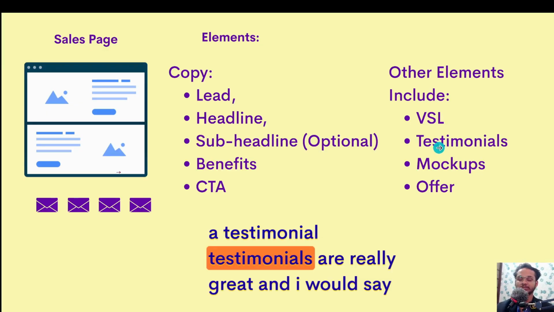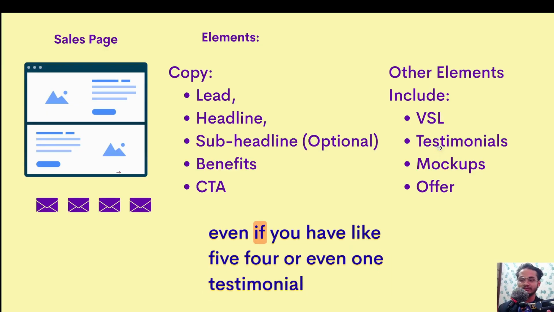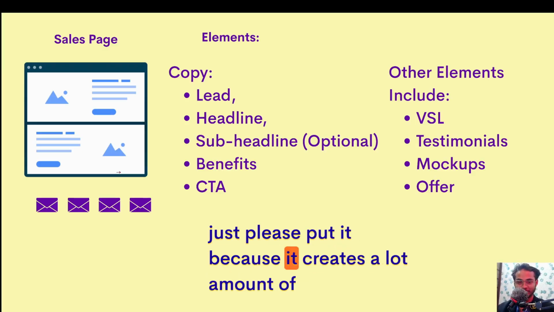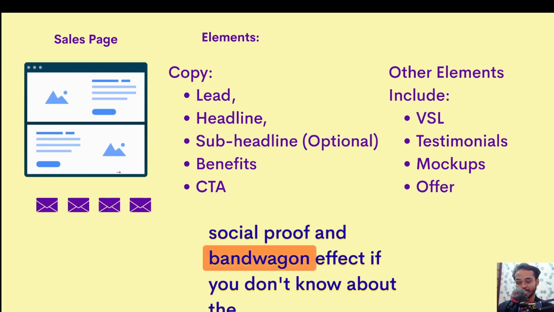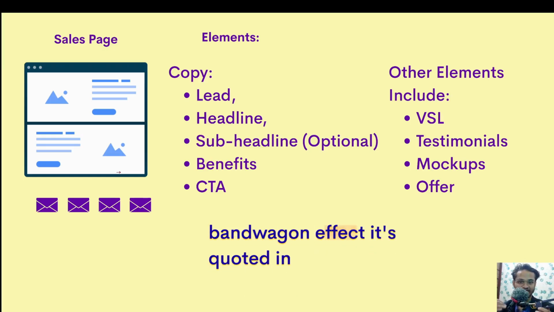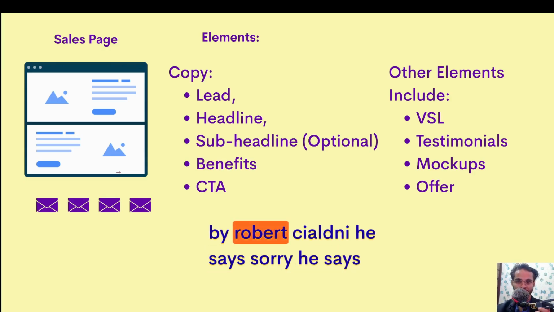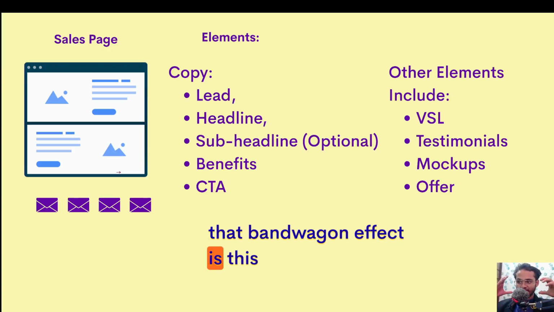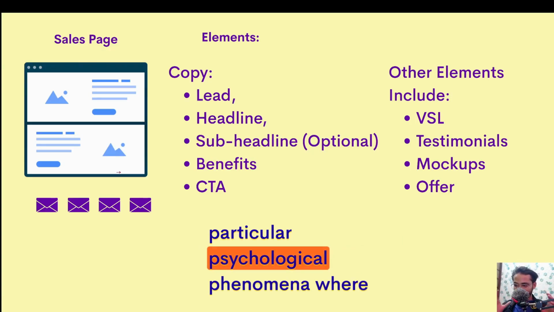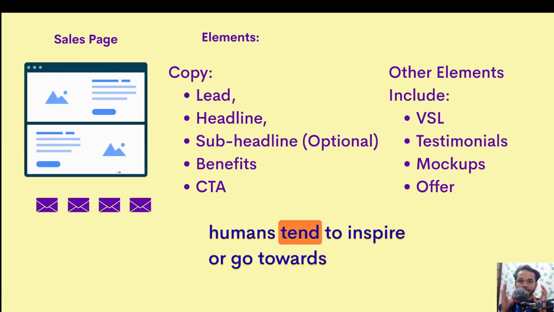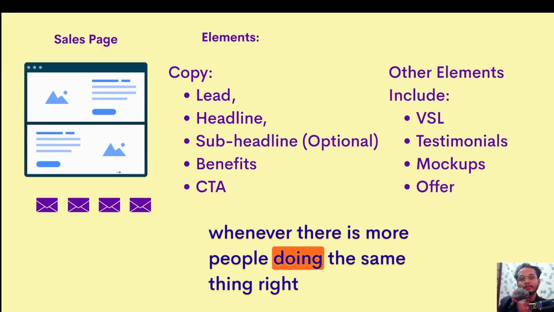Afterwards, a testimonial. Testimonials are really great, and even if you have 5, 4, or even one testimonial, just please put it, because it creates a lot of social proof and bandwagon effect. If you don't know about the bandwagon effect, it's covered in the book Persuasion and Influence by Robert Cialdini. He says that the bandwagon effect is a psychological phenomenon where humans tend to go towards something whenever more people are doing the same thing.